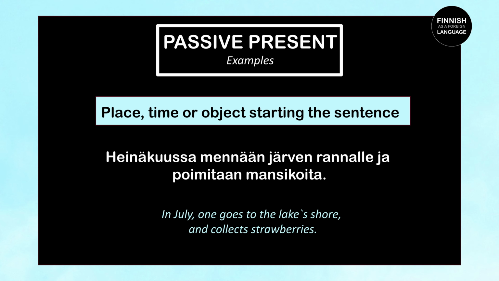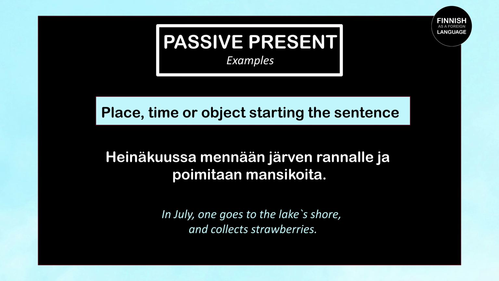Then we have mennään, which is our passive present of the verb mennä, which means to go. Then we have järven rannalle, which means to the lake shore. So järven is the genitive case of järvi, which means lake, and rannalle means to the shore. It's the allative case of ranta, which means shore or beach.